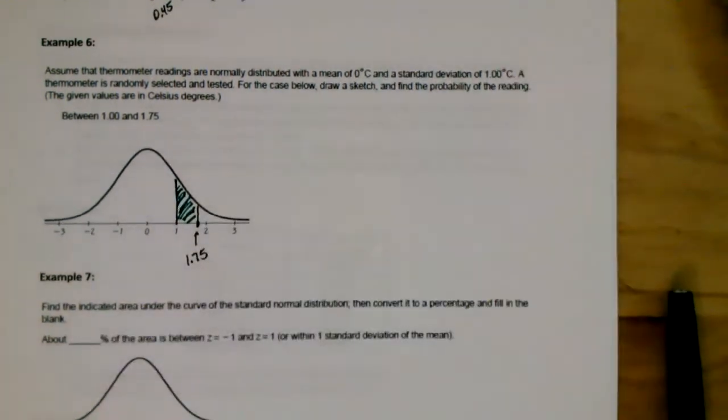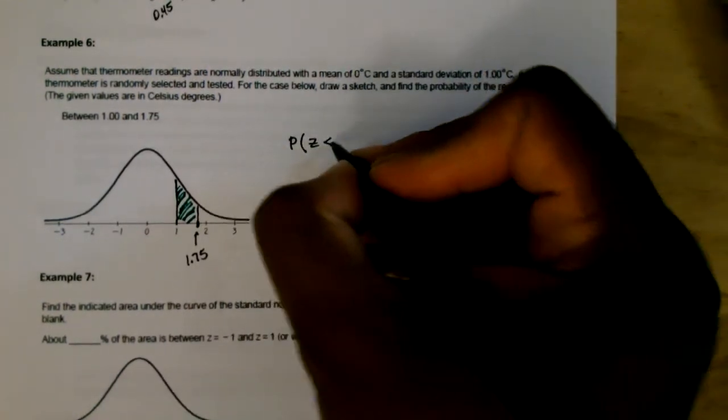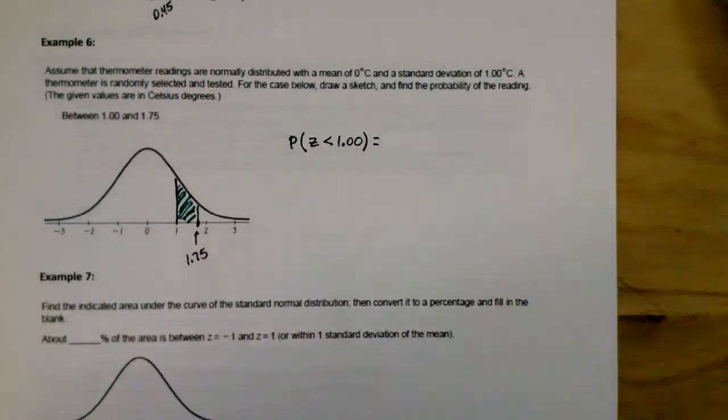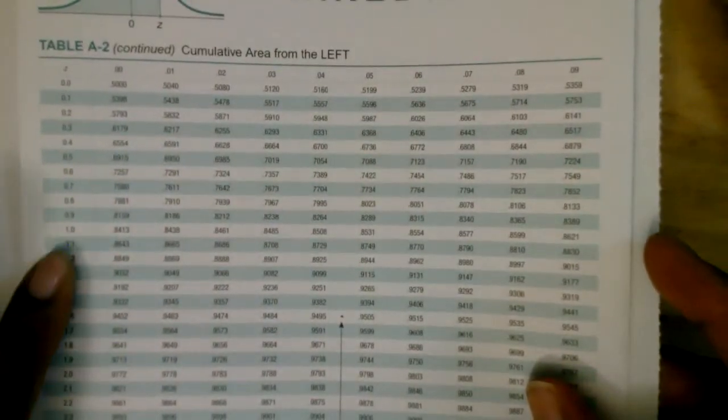So this is the shaded area we're trying to find here. All right, so now let's use our table A-2. And we're going to start with the probability that Z is less than 1.00. Using table A-2, we're going to find 1.0.